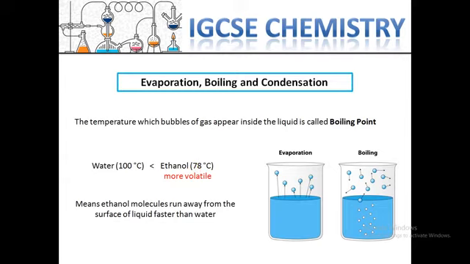That means ethanol is more volatile. That means ethanol molecules run away from the surface faster and easier than water. There is some more reason for this, but that is outside of your book.